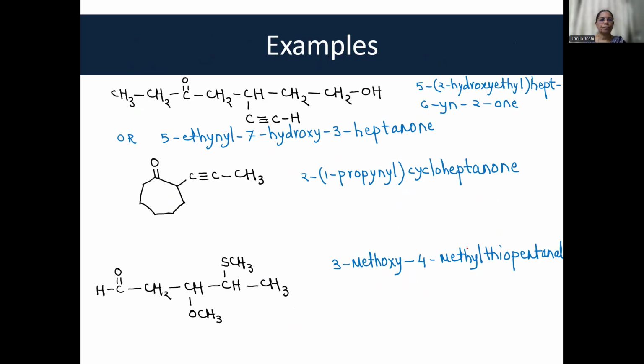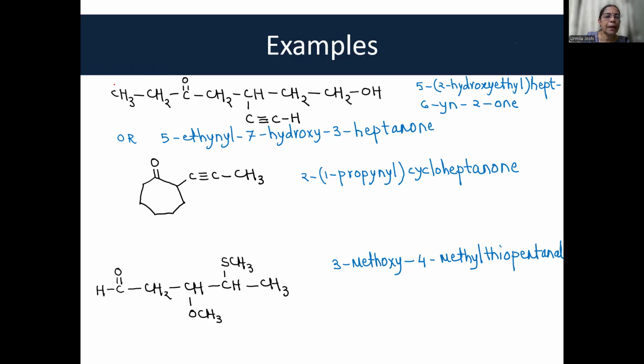Okay. Some more examples here. There is a keto group and there is hydroxy, and this will be a substituent. Now let us see how to name this as a substituent.